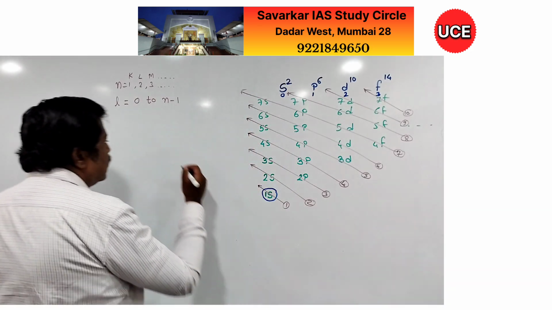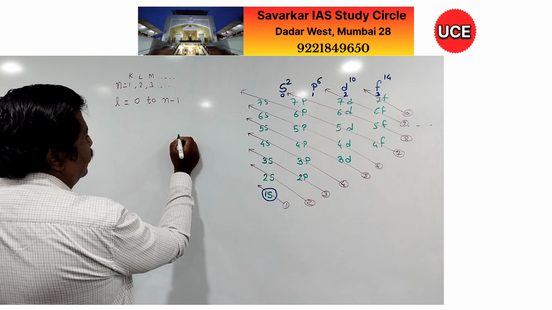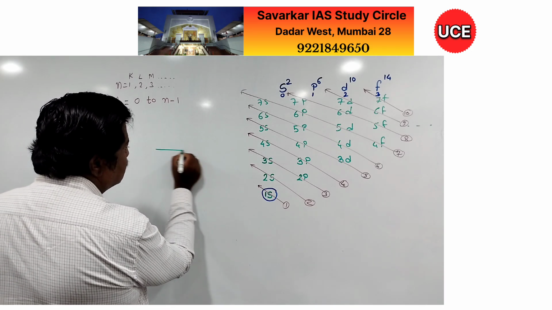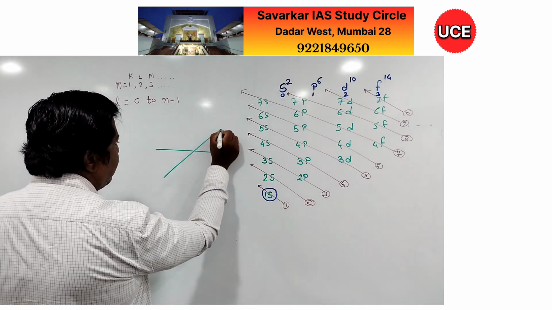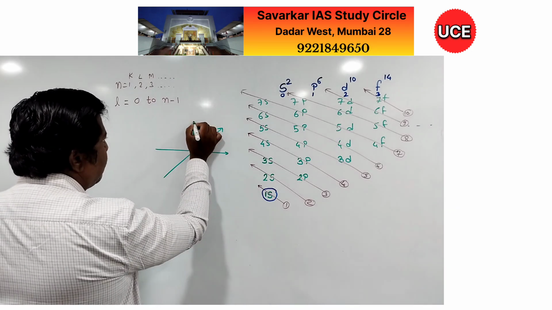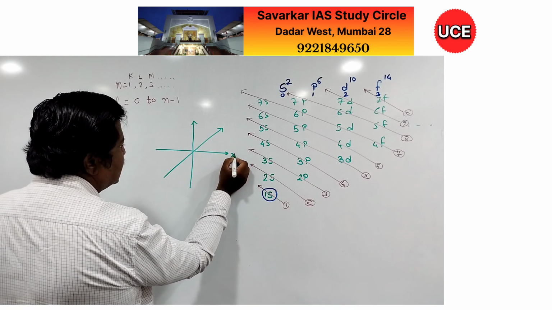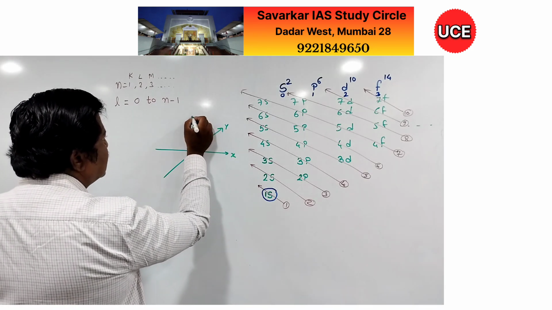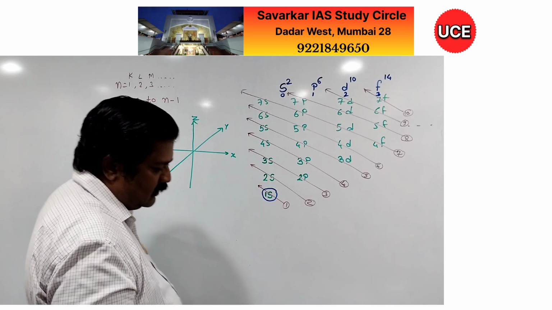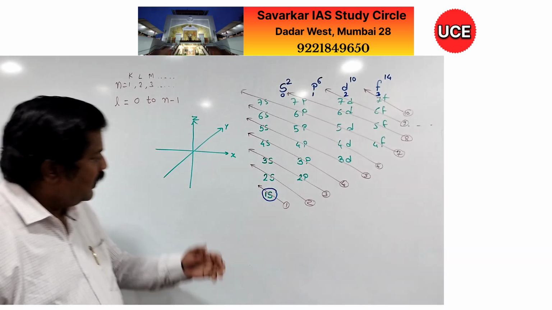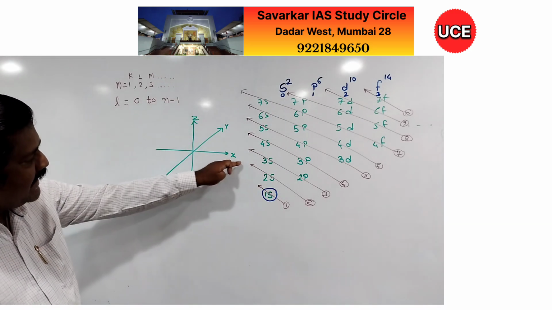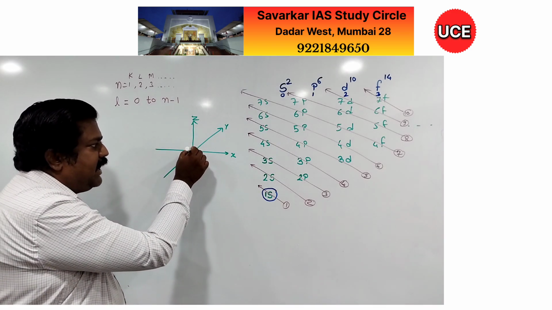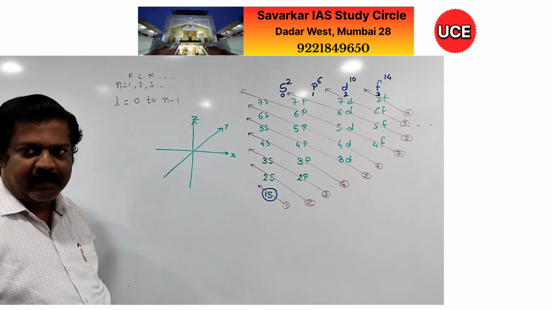So let's say this is the coordinate system. This is called the x-axis, this is called the y-axis, this is called the z-axis. Actually, on this board, this is x and this is y, whereas the z-axis is protruding out like this, perpendicular.